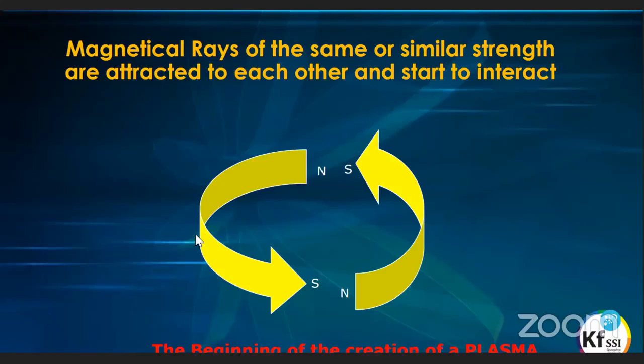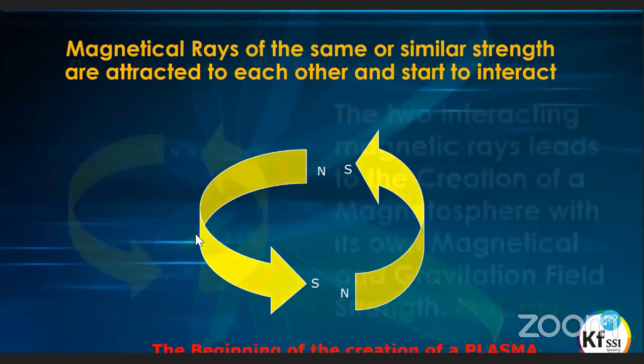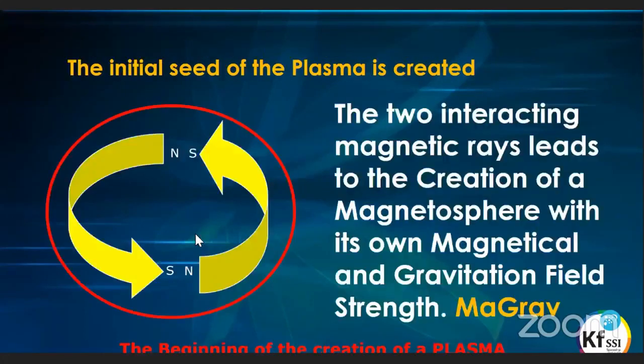Because if one views these magnetic rays as tiny little elongated magnets that can come together and start interacting and creating that dynamic interaction between the two. So in this essence, we have the initial seed of that plasma that's created.